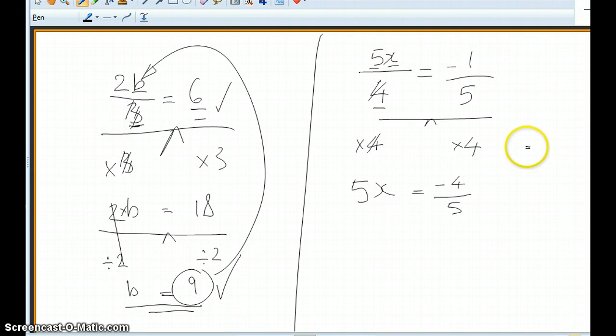Now, I think I did a step in my head there. It's minus 1 over 5 times 4 over 1. Multiply across the top, multiply across the bottom, you get minus 4 over 5. There's a times in here. To undo times, divide.